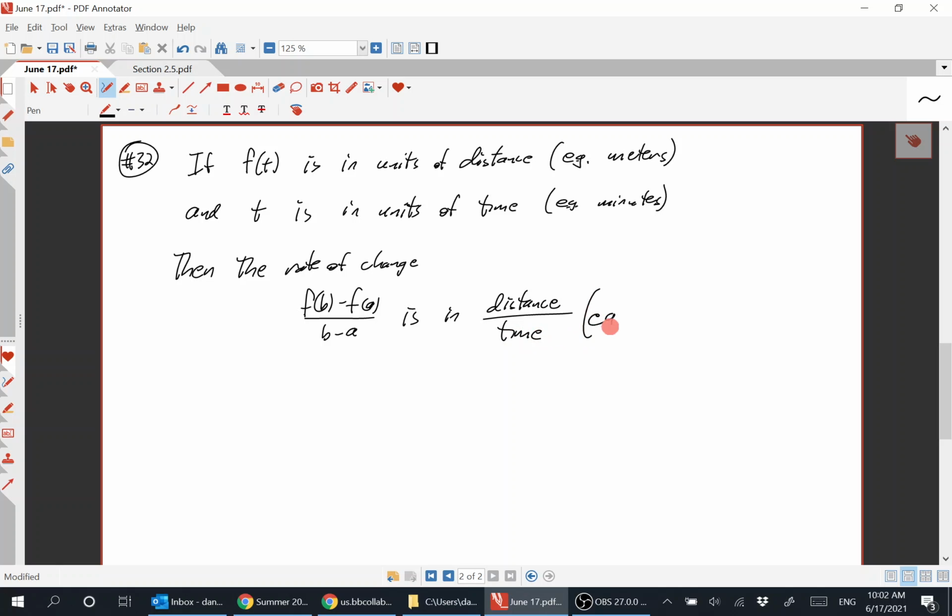Right, in this case, meters per minute. And distance over time is often thought of as speed. Can often be thought of as speed. Not always, but often.